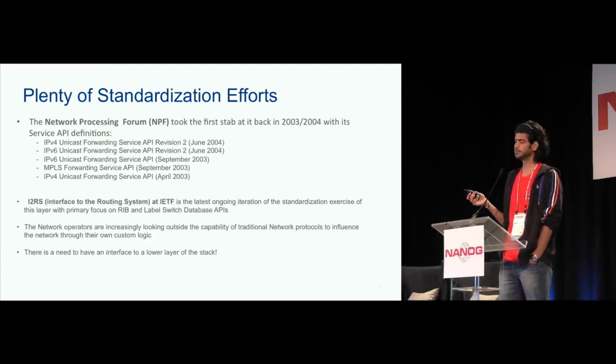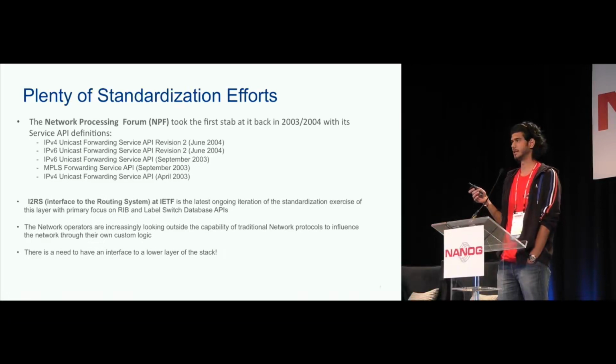But over time, what we've really seen is that network operators have taken it upon themselves to leverage whatever they know about network protocols and how they implement it using their own custom logic and try to bring it within their operational paradigm.